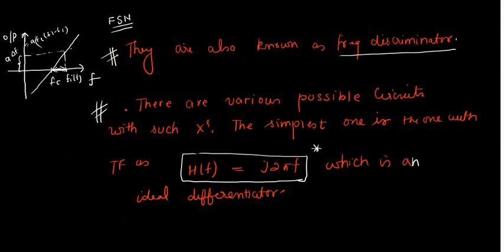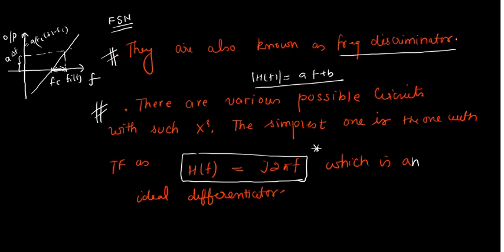Now, the question is how to devise such a circuit which gives you a transfer function or frequency selective network of this type. Because any frequency selective network which possesses such a characteristic would be able to demodulate your frequency modulated waveform.